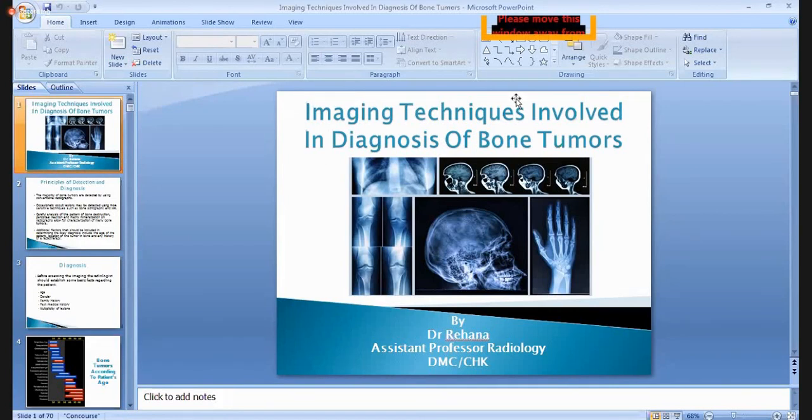Basically, osteomyelitis usually radiologically mimics Ewing sarcoma. Both occur in a young patient, but there are certain features.